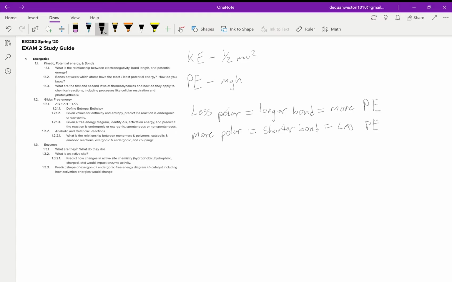So the more polar something is, the shorter its bond is, and the less potential energy it has.